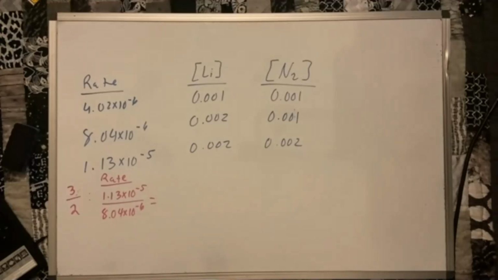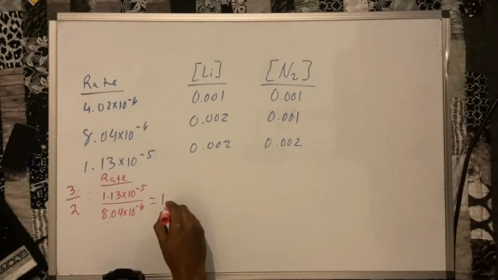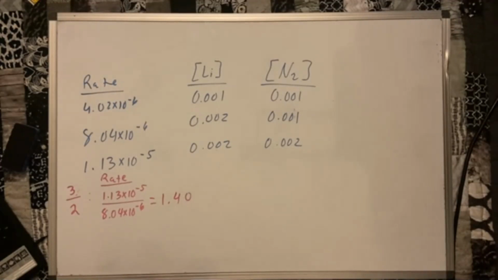And then I put that in my calculator. And I get 1.40, hold on, let me make sure I didn't write something down wrong. Nope, that's what it is. Okay, that's what we're rolling with.